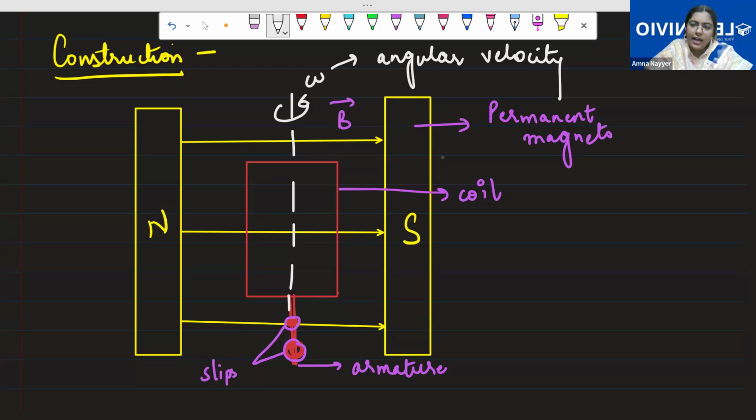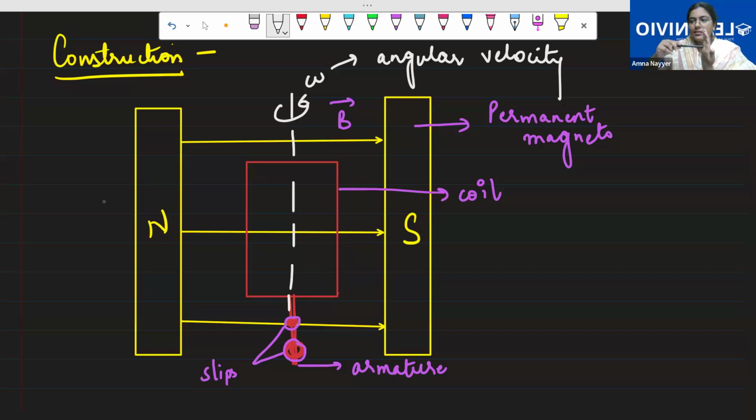The coil will have its n cap, the area vector, and the magnetic field is already present. Both of them form an angle, which we consider in the flux, BA cos theta. So when the coil rotates, the magnetic field will be fixed, but the area vector will be changing. Different directions will come for the area vector. The n cap will change if the coil rotates.